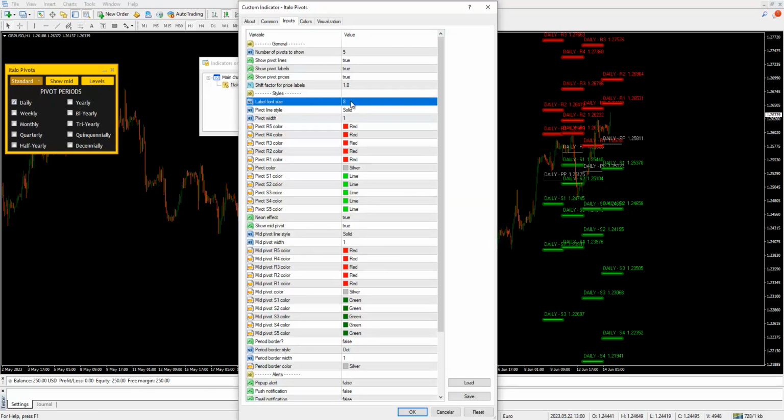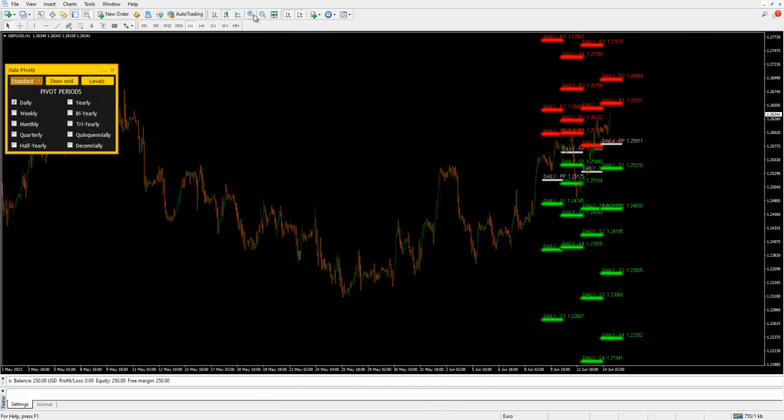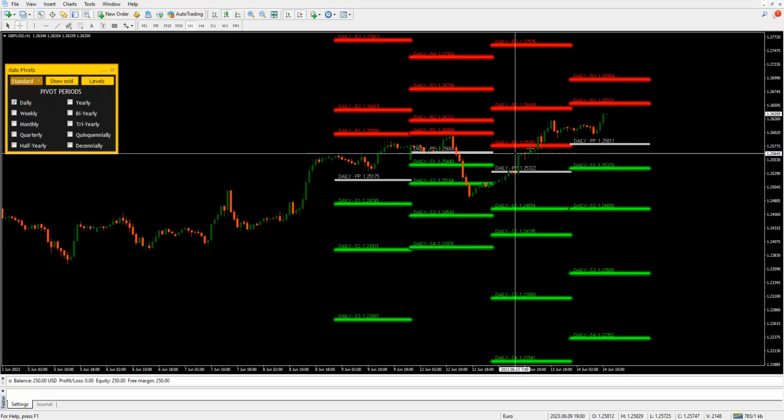1. Here in styles, that's the styles of those labels. Font size, line style, pivot width. Here in pivot width, you can increase this number to 5, for example. Now you'll see the horizontal support and resistance lines with more width.